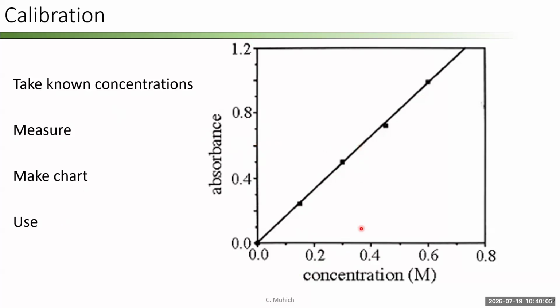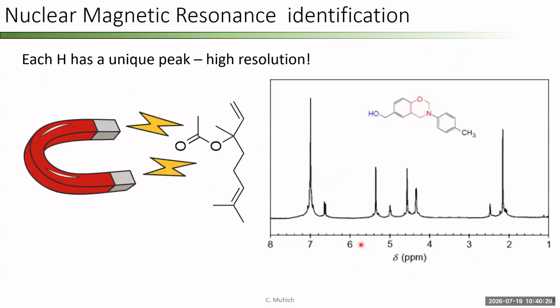I go over, I go down, and then we say that the concentration is, I don't know, 375 molar. And from that molar concentration, we can, of course, deduce quantities in a sample and yields.